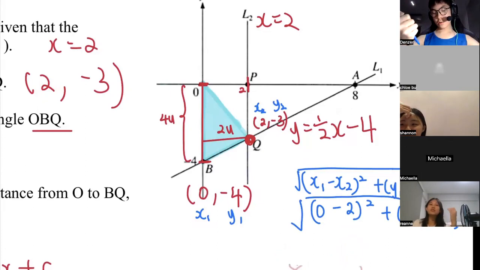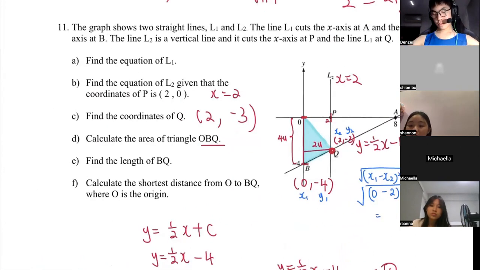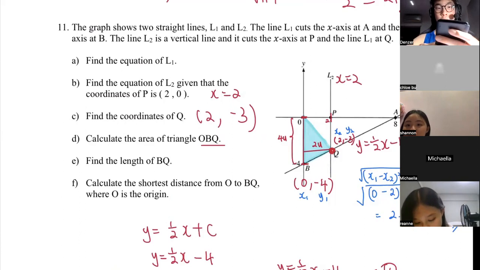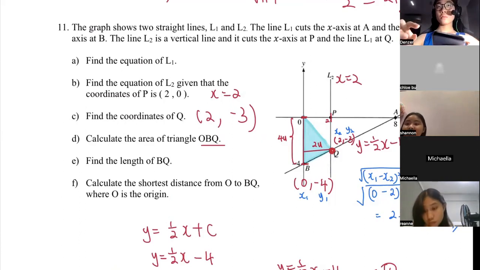What did you all get? Did you get 2.24 units? Shannon, that's right. This will be 2.24 units. Just remember the formula. It's not inside the formula sheet, so please make an effort to memorize it, okay?